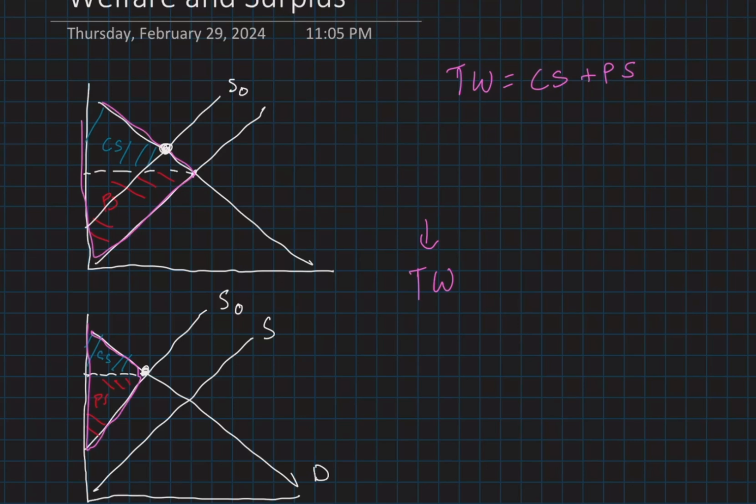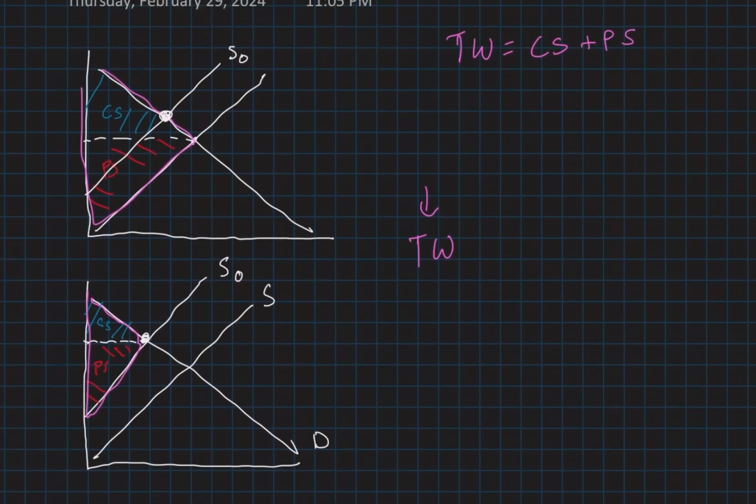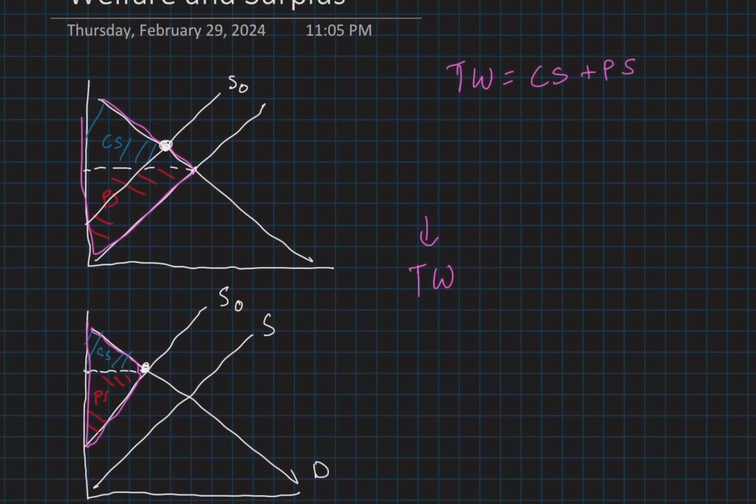Now what's happening to consumer surplus? Now we're going to approach this a little bit differently than you normally would. When we calculate consumer surplus, when we find the area of a triangle, how do we do it? It's base times height divided by 2. So when we're looking at this consumer surplus, this one up here, we're looking at this one right here.